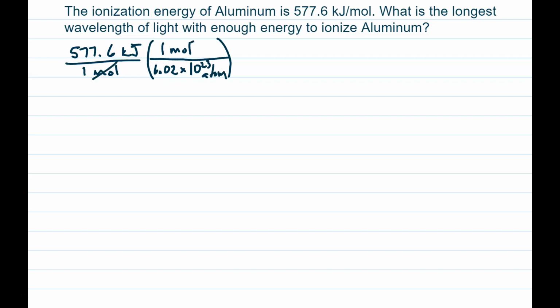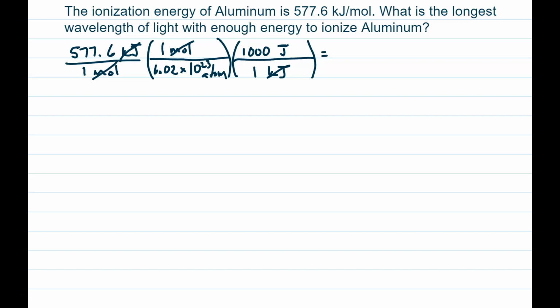So now I can cancel out moles on the top and moles on the bottom. Now I'm in kilojoules per atom. But I do remember that the energy equation in Planck's constant is in joules. So I'd like to get out of kilojoules. 1 kilojoule is 1,000 joules, because I remember Planck's constant is in joules per second.